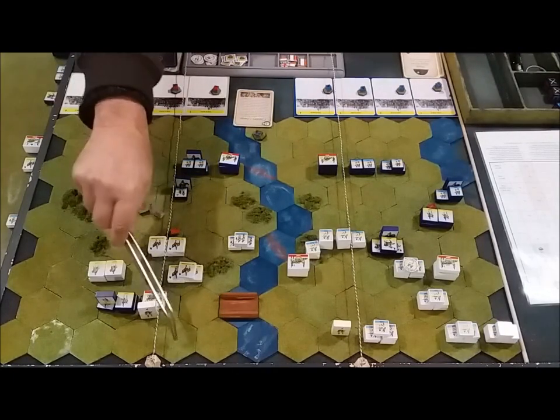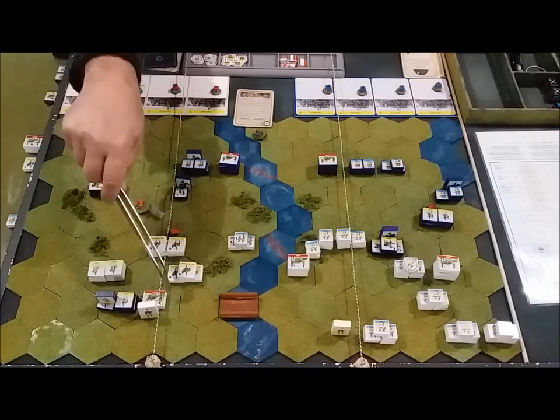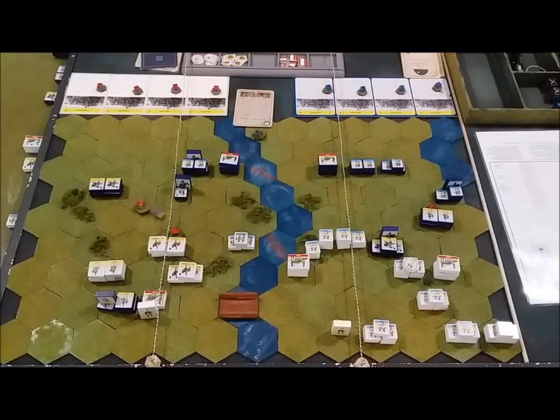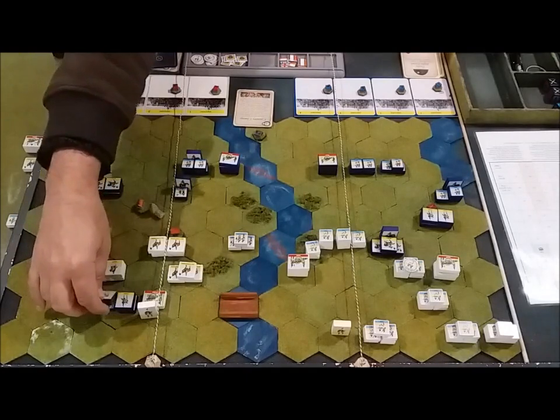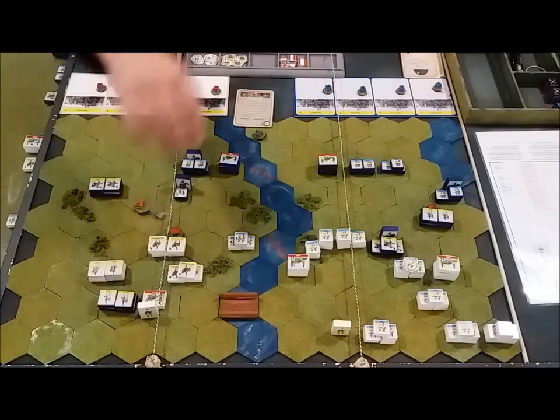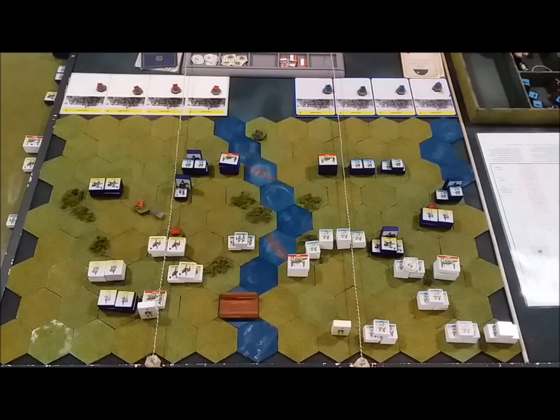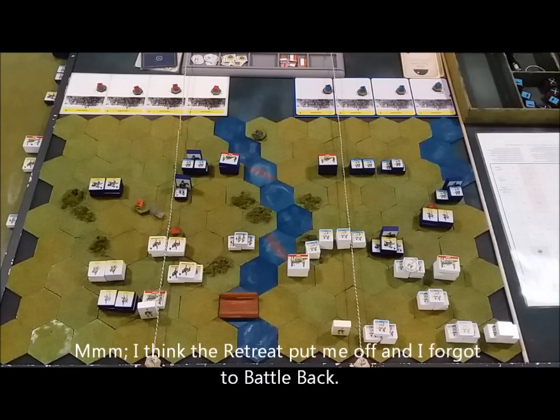We don't want to retreat to here or here, because once he moves forward, if we get another retreat, we're gone. So we're going to ignore it, and we're going to stand. And that way, he doesn't go forward at all and can't attack again. Right. And that is the French go done.